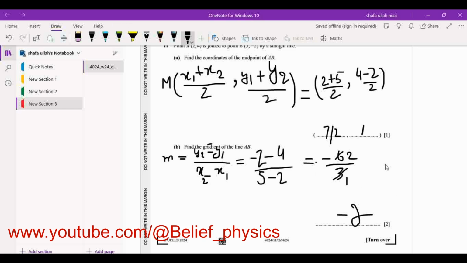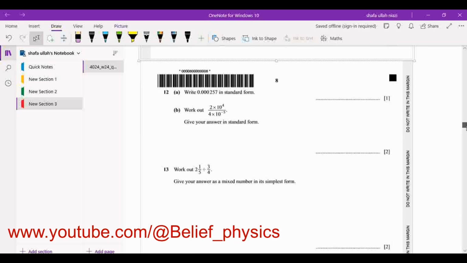Next is question number 12: write this in standard form. For standard form, you need to put it as 2.57 multiplied by a power of 10.